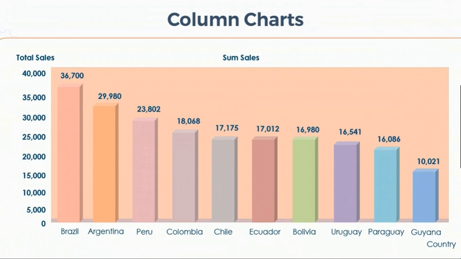And if we go to this column chart, we can see there are categorical values on the horizontal axis, x-axis, and there are continuous values on the y-axis. So for different countries, this column chart is showing the sum of sales for some particular product. We can see Brazil having the maximum number of sales and Guyana has the least number of sales.